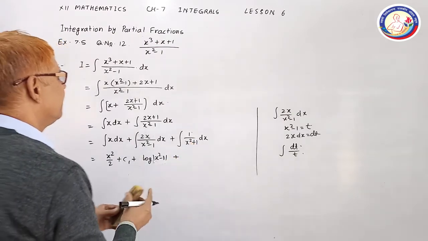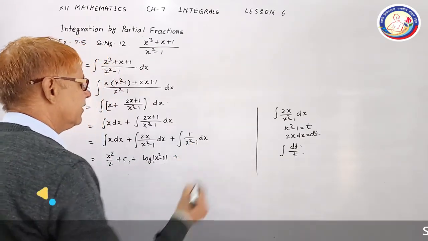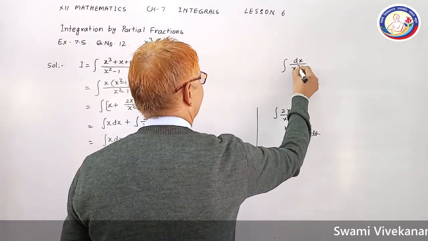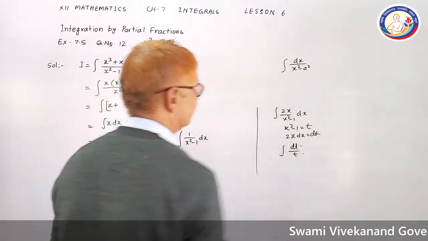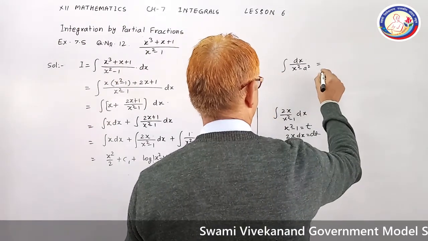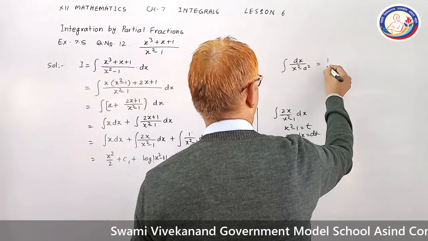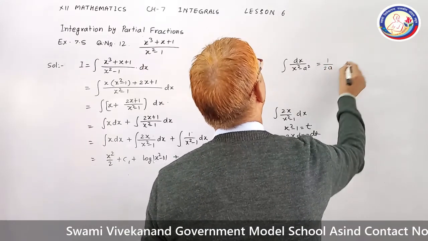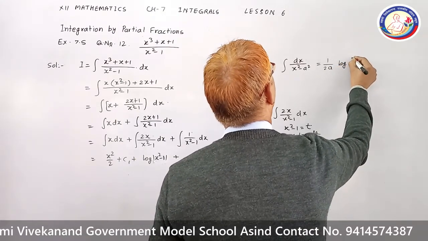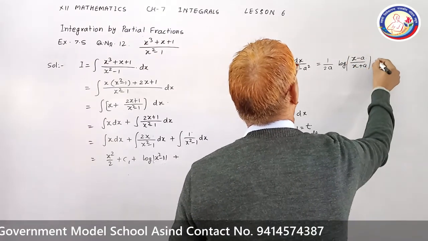we will use here the formula for the integral of dx upon x square minus a square, and it is 1 upon 2a into log of x minus a upon x plus a plus c.